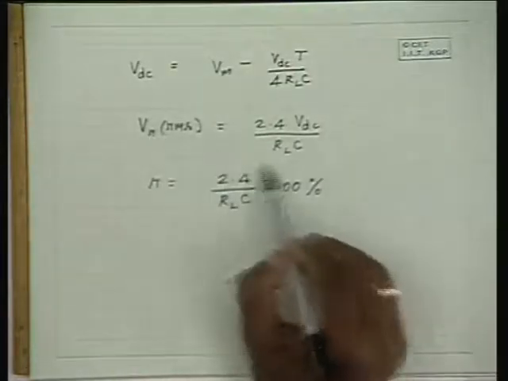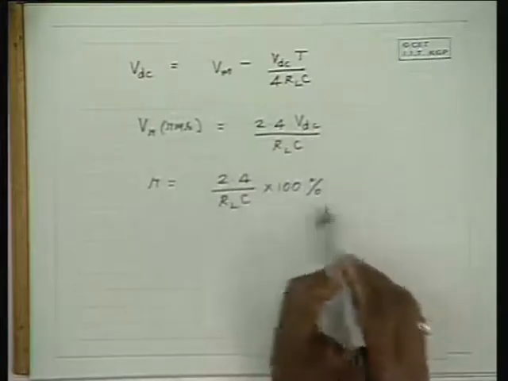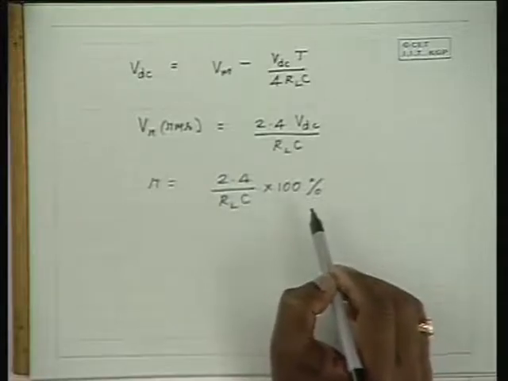By dividing the RMS value of the ripple by the DC value, it can be shown that the ripple factor is 2.4 by RL into C into 100%.